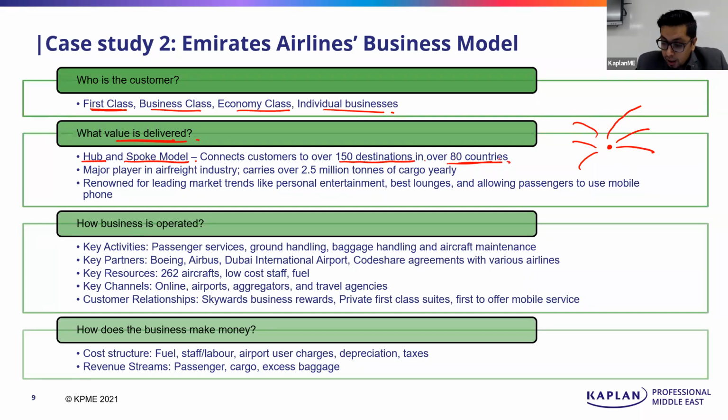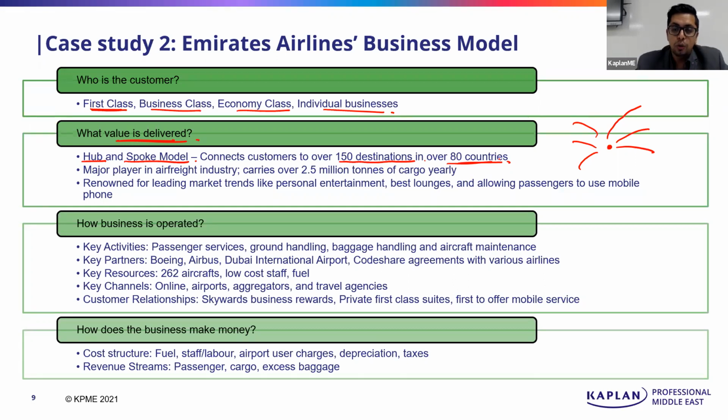So Emirates Airline has made Dubai a hub, with connections to around 150 destinations, and Dubai is used as a layover and for connecting flights you can catch from here. This is the hub and spoke model, and this is the major value addition.